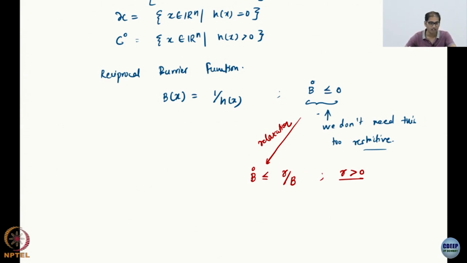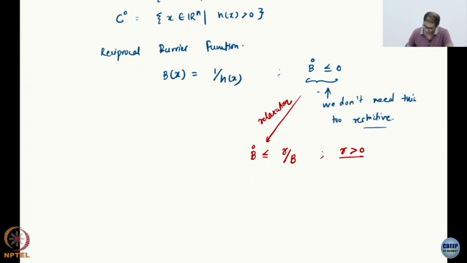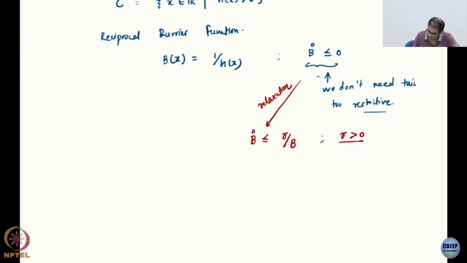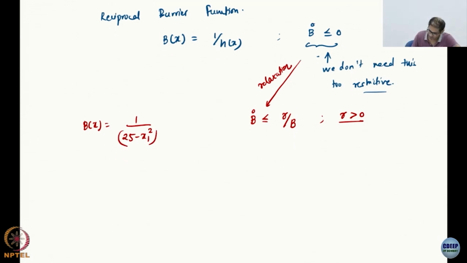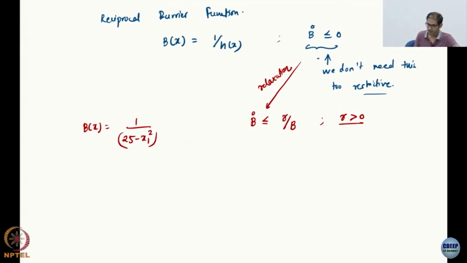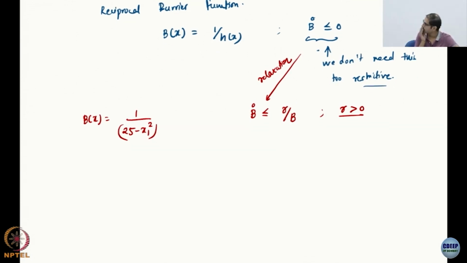Let us see, if I look at this barrier 1 over h(x) type of case, so in our case we are looking at, I am trying to make sense of how this will look for us. Suppose we look at our example. B(x) was 1 over 25 minus x1 squared. Unfortunately this may not satisfy this condition, which is why I am not very sure.